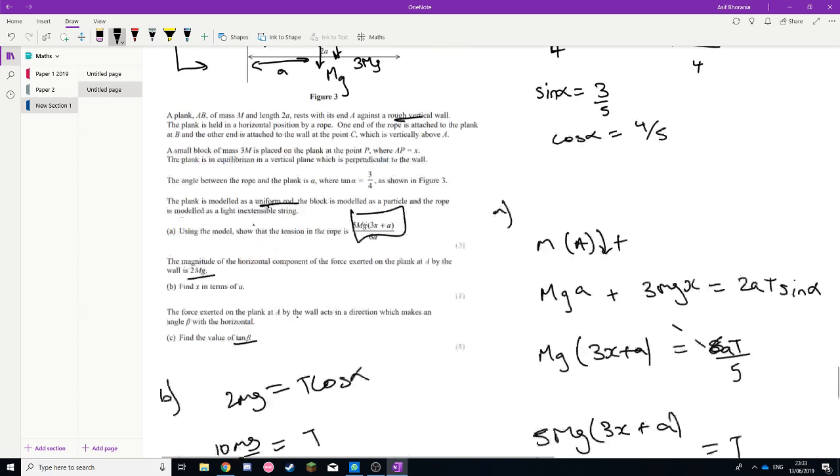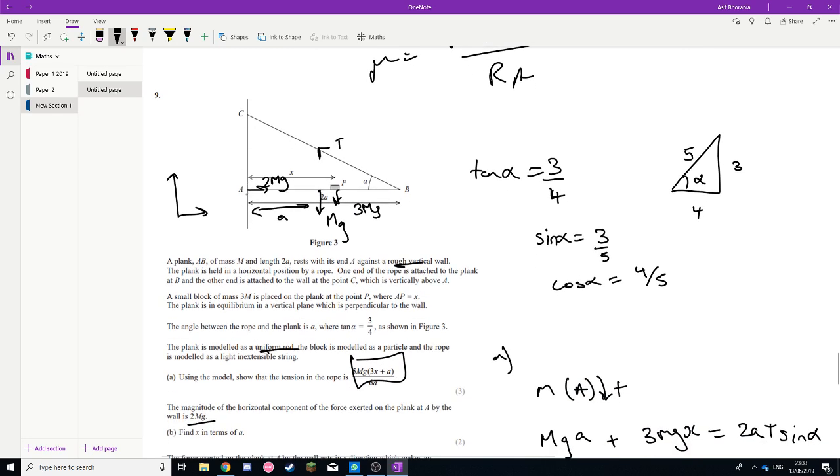Oh, not bad. So I'm going to get tan beta by first working out mu R, by first working out this component.